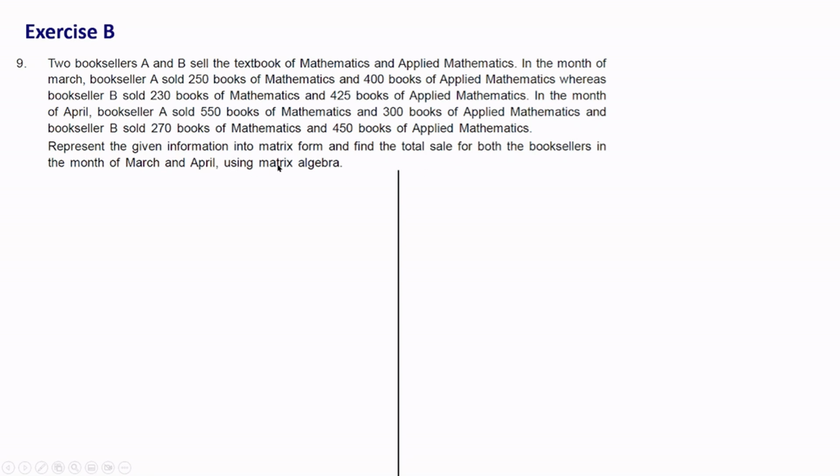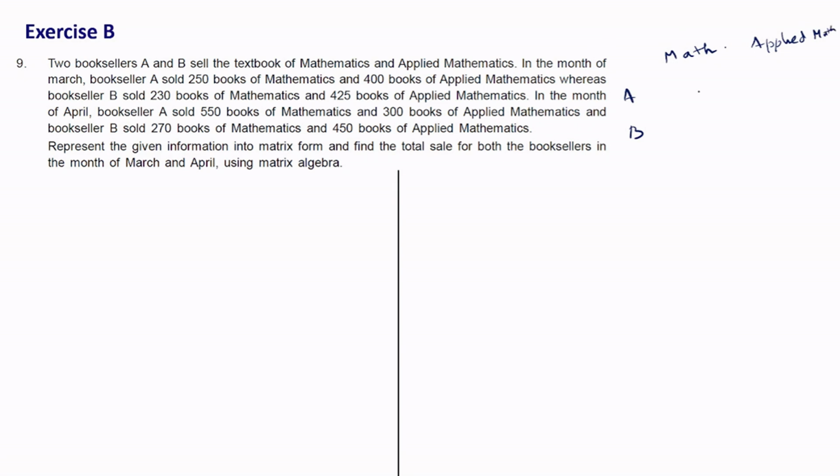Represent the given information into matrix form and find the total sale for both the booksellers in the month of March and April using matrix algebra. So here we have two booksellers A and B, and they sell math books and applied math books.